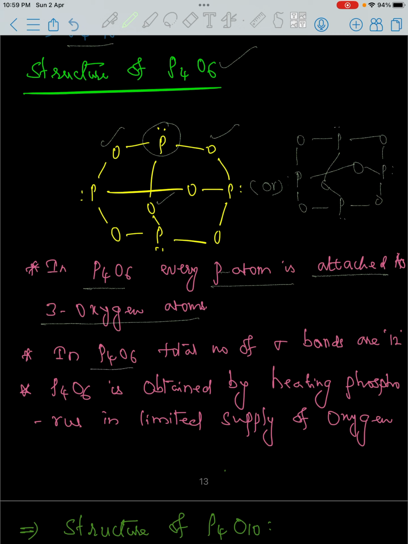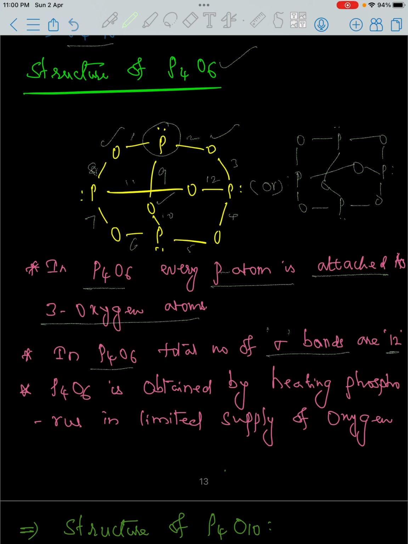In P4O6, the total number of sigma bonds is 12. If you count, you will get 12 sigma bonds: 1, 2, 3, 4, 5, 6, 7, 8, 9, 10, 11, 12.